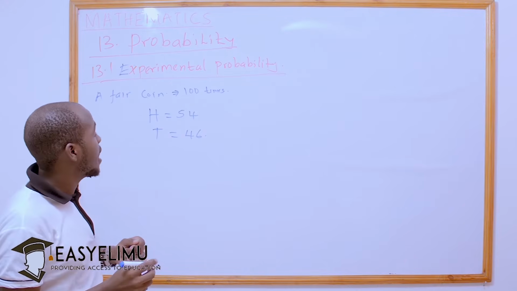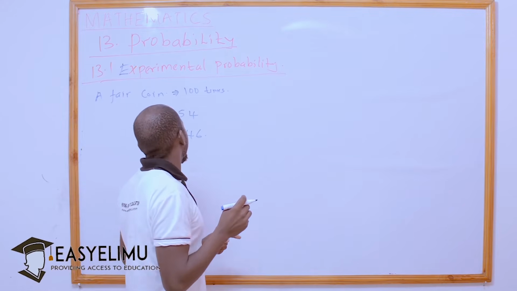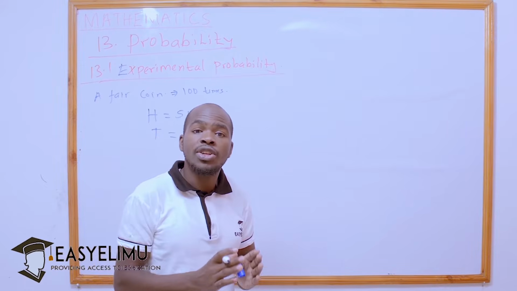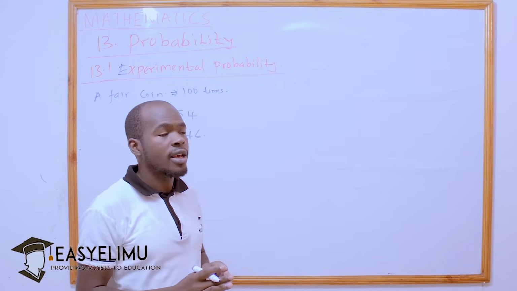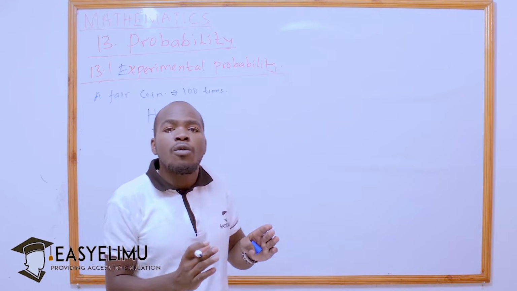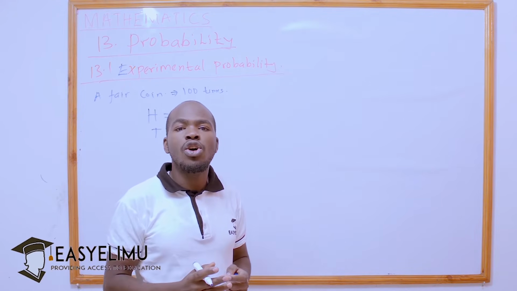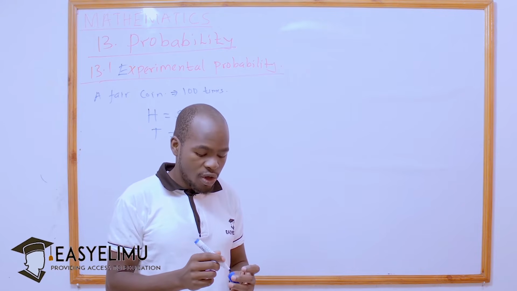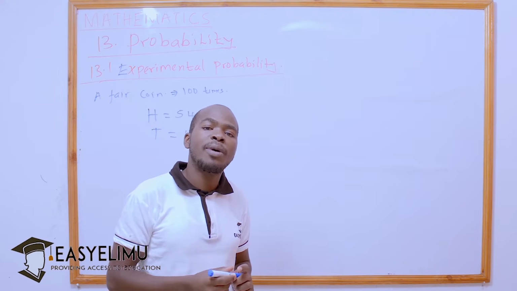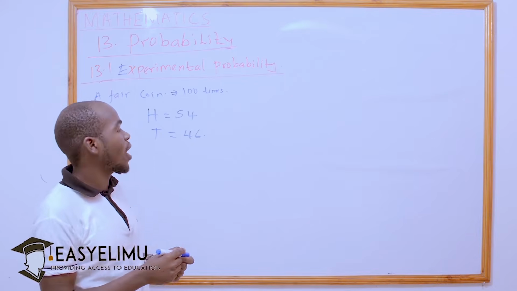So this implies that the number of heads that showed up were more than those of a tail. So if the person wanted to know, after tossing the coin 100 times, what is the probability of getting a head or a tail?